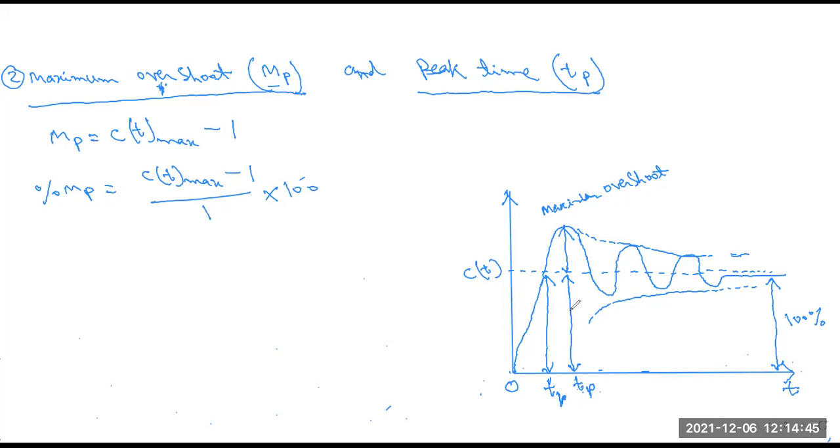This peak time is also related to our maximum overshoot, MP, where MP equals C(t) max minus 1. These are the percentage calculation of the maximum overshoot. Is it clear to all of you what maximum overshoot, rise time, and peak time are? So for the peak time we have to represent TP.